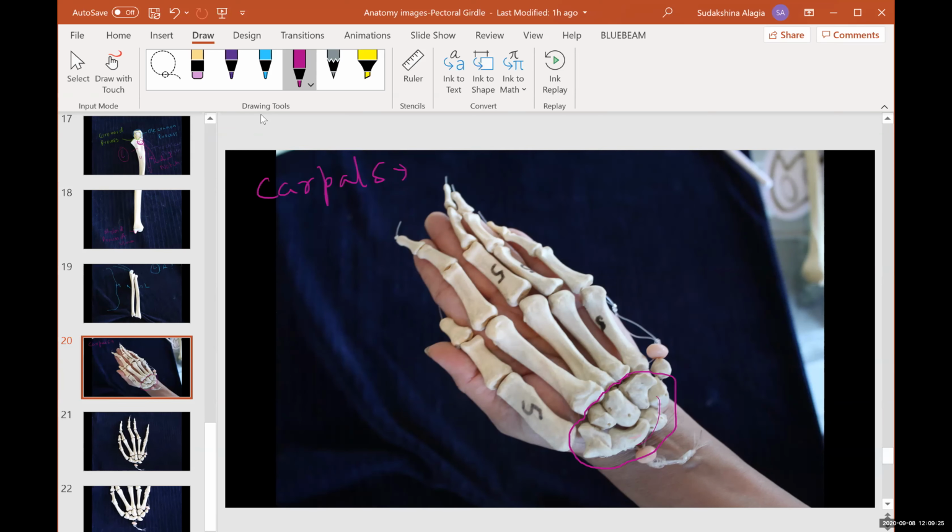Then here, let me use a different color. These are the metacarpals, bones that make up your palm. And then we have a different color, yes, purple is fine.